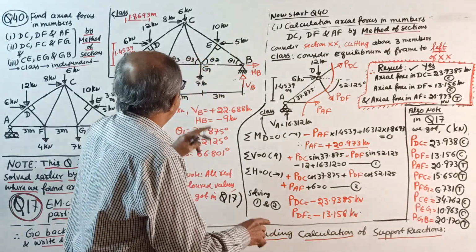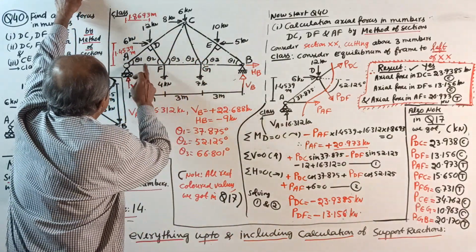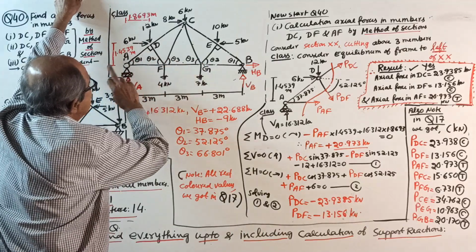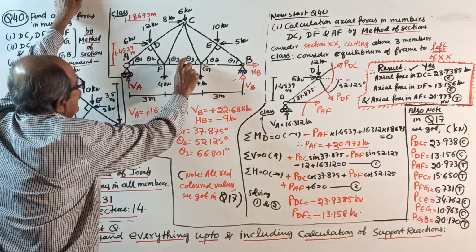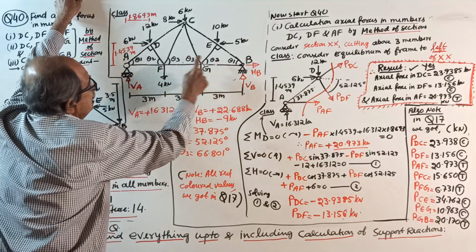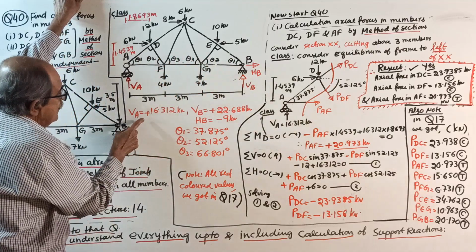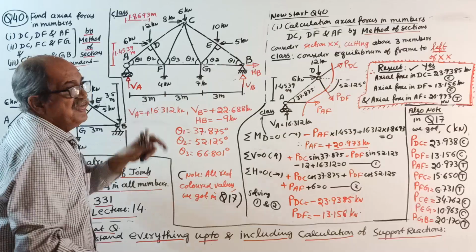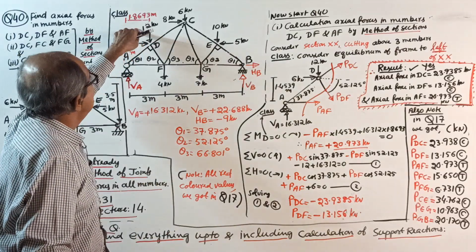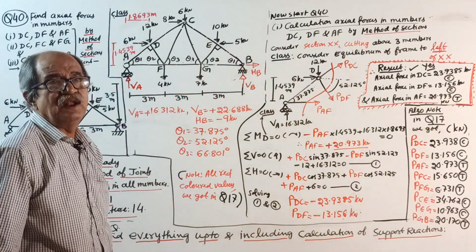Now, then I also got this theta 1, theta 2, theta 3. See, and again, if it is theta 1, this is also theta 1, theta 2, theta 2, theta 3, theta 3. Then I wrote this sketch for the support reaction calculation.